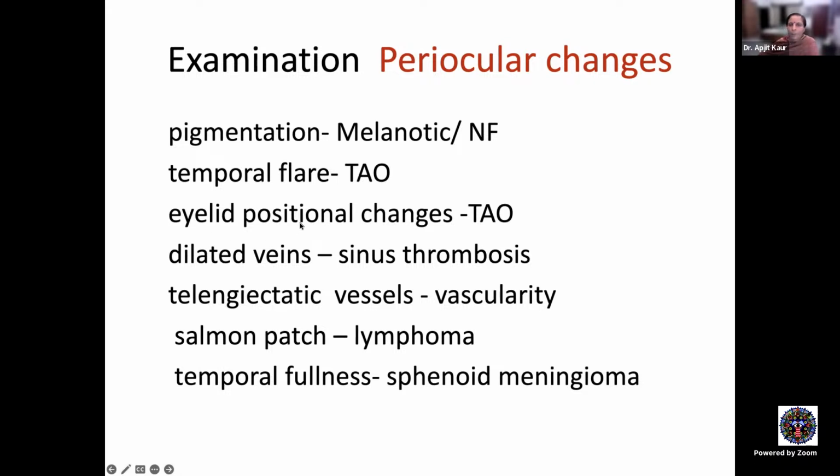There are eyelid positional changes, which occur in TAO. Dilated veins, which is a sign of sinus thrombosis. Telangiectatic vessels present on the surface is a sign of intralesional vascularity. A salmon patch on the eyeball is indicative of lymphoma, and temporal fullness is a sign of a sphenoid wing meningioma.